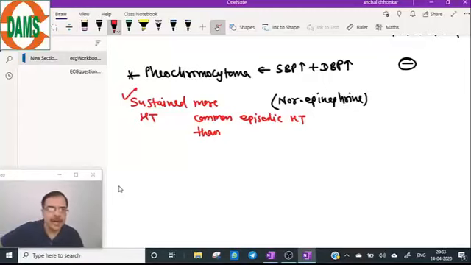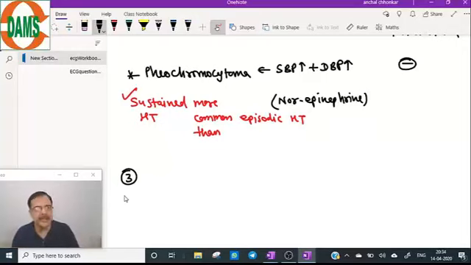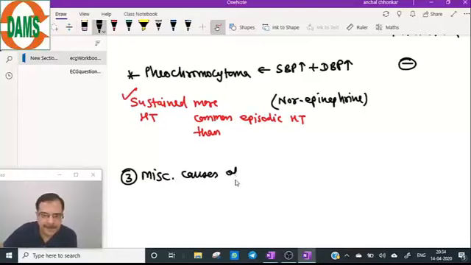Now come to the number 3rd cause of secondary hypertension. Remember, we are doing the most important causes which we see clinically commonly. So the number 3rd is miscellaneous causes of secondary hypertension.